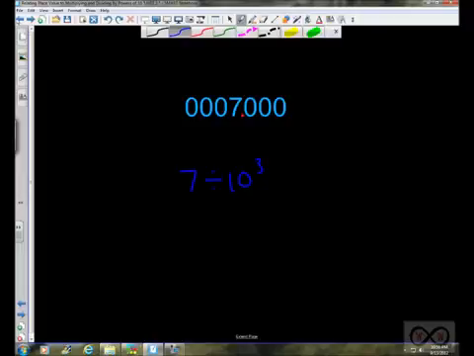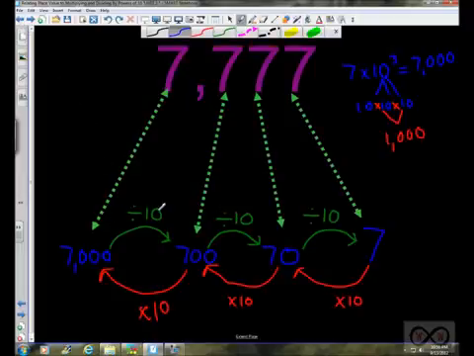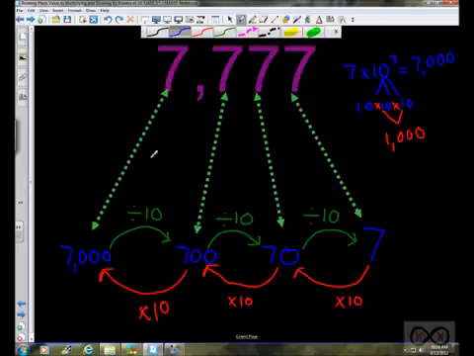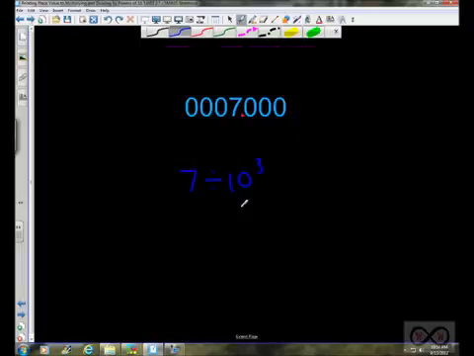As you divide by a power of 10, moving to the right, you're decreasing by a power of 10. If you look at the hundreds place, it is really 1/10 of the value of the thousands place. So you're decreasing in value.